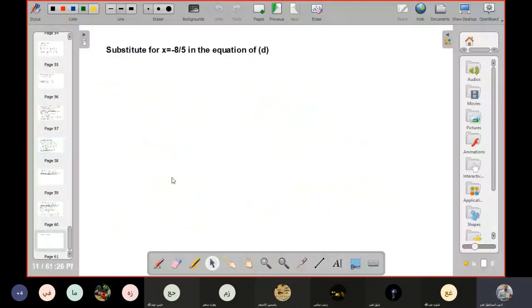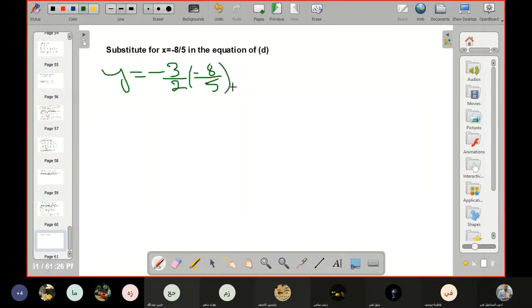So y equal minus 3 over 2x, and in place of x we put minus 8 over 5. Minus and minus go away. We get 3 times 8 is 24 over 10. 24 over 10, we simplify by 2 to get 12 over 5.